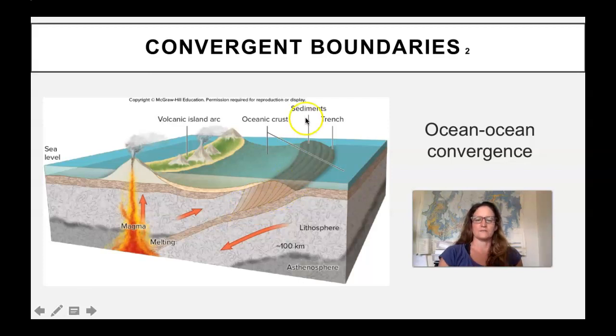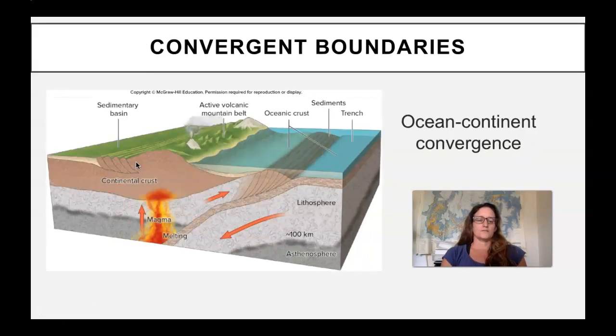It's not labeled here, but these sediments are in an accretioning wedge. It's wedge-shaped, as the ocean sediments are getting scraped off. That old oceanic crust is going to dive down into the asthenosphere. It's bringing water with it. It's going to melt, and they're going to get a chain of volcanoes called a volcanic island arc.